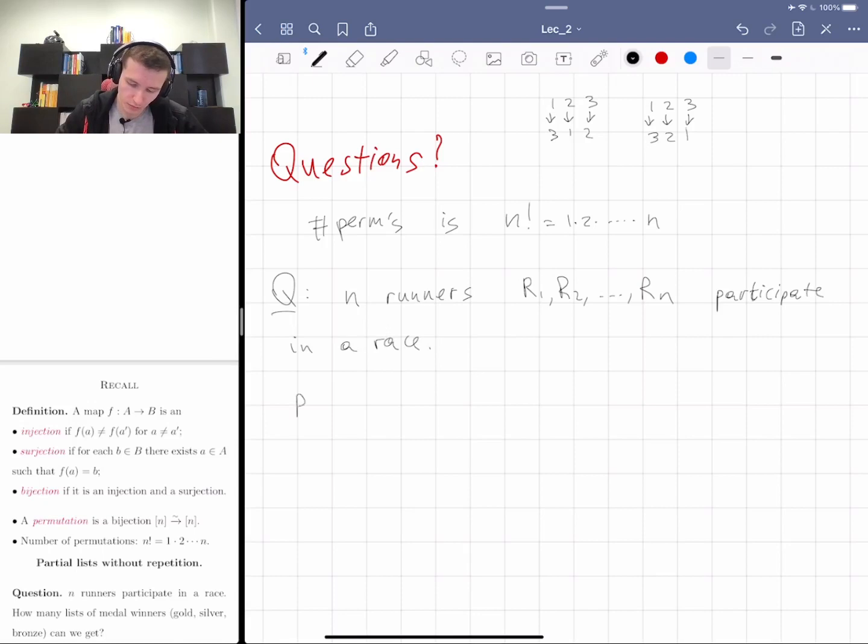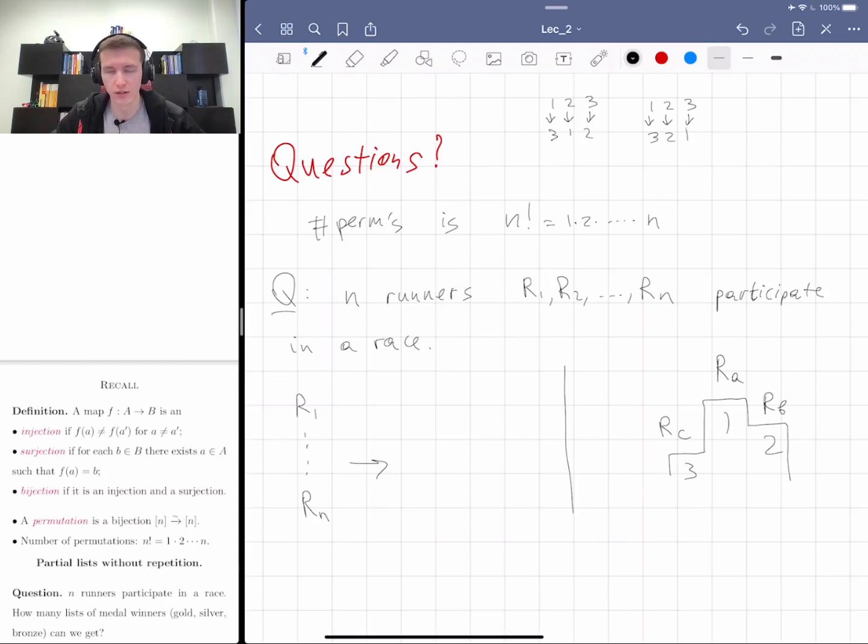They start running, and then there's the finish line. They finish in different orders, and then eventually we're going to give them medals, like in the Olympics. So you have 3 different runners who win the gold, silver, and bronze medals.